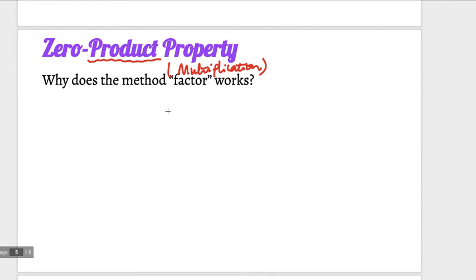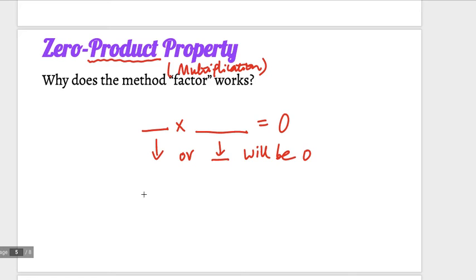The zero product property tells us that whenever you multiply two parts and the result equals 0, then one of them, either this part or this part, must be 0, meaning only 0 multiplied by something equals 0.